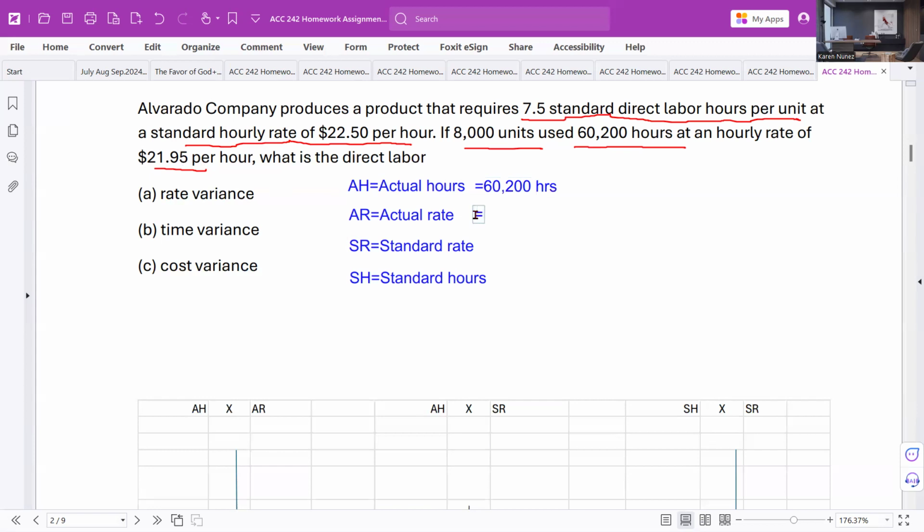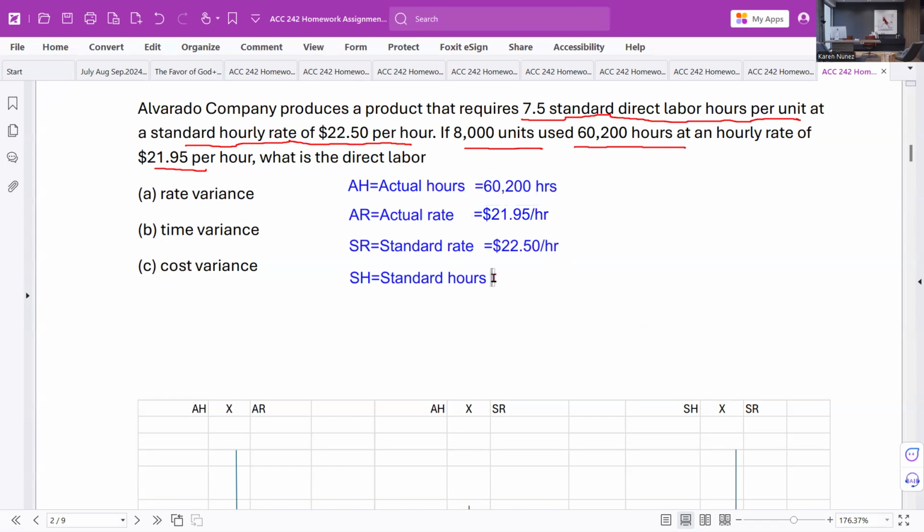So they actually paid their people $21.95 an hour. And the standard rate, well, the standard rate is $22.50 per hour. Let me make sure I note that as being per hour.